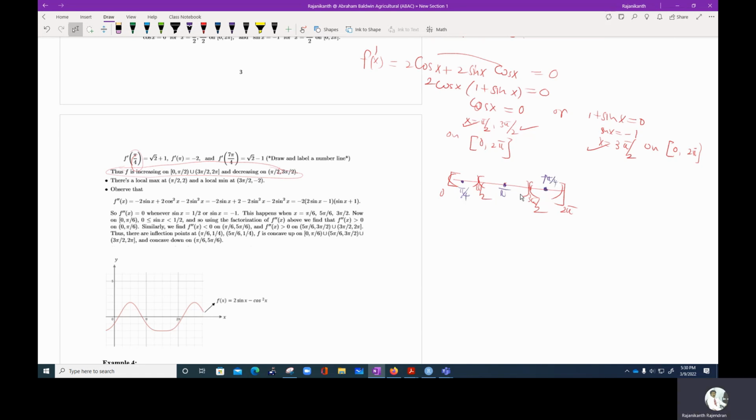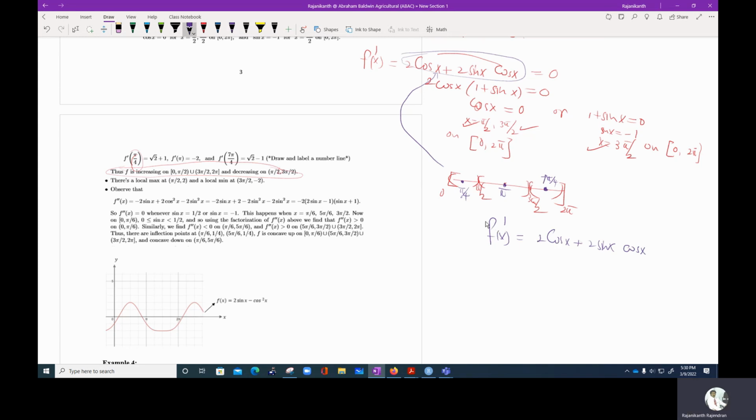So plugging these 3 values into your derivative function, remember the first derivative function is 2 cosine x plus 2 sine x cosine x. Simply plug in those 3 values and check the sign.